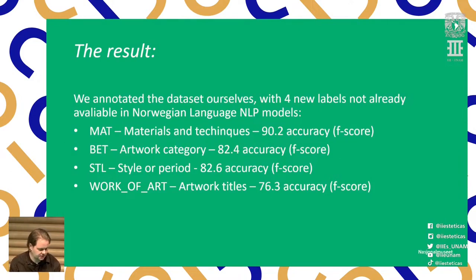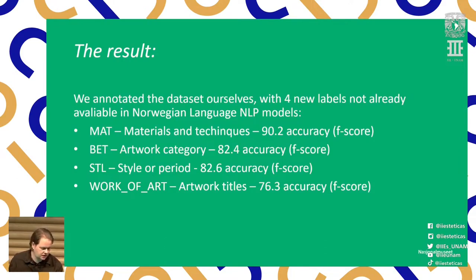So as you can see, for a relatively limited dataset, we achieved a significant accuracy for some of the labels, maybe all, but perhaps surprisingly, a comparatively low score for the artwork titles.